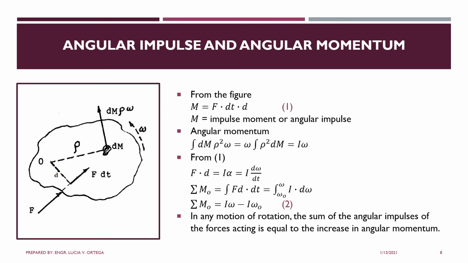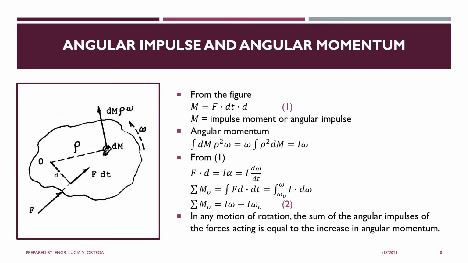So from the figure, the moment is equal to the differential force F dt times the perpendicular distance d. M is the impulse moment or angular impulse. For the angular momentum, that is the integral of differential mass times rho squared, the square of the distance. This force, the differential mass times rho omega, times this distance, so that's why it becomes rho squared.